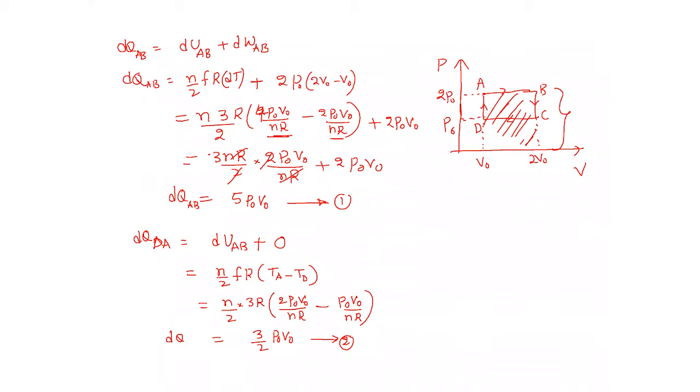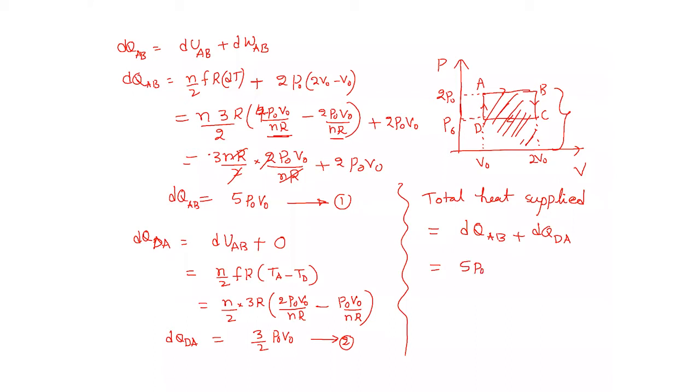Now add them. What is the total heat supplied? Total heat supplied is equal to dQ AB plus dQ DA. So it is 5P naught V naught plus 3 by 2 P naught V naught.